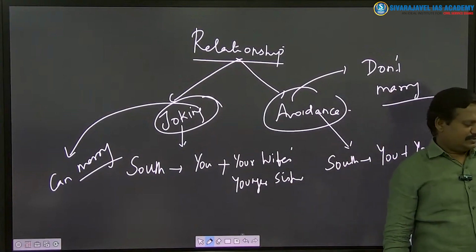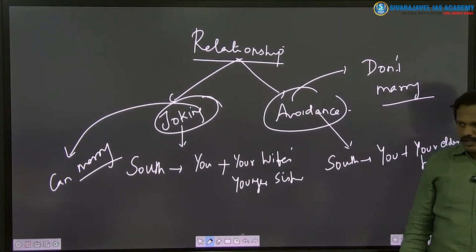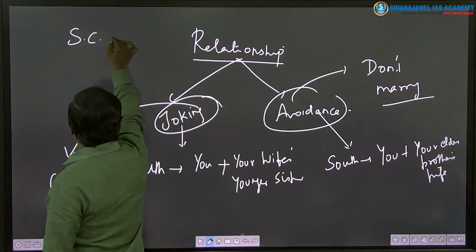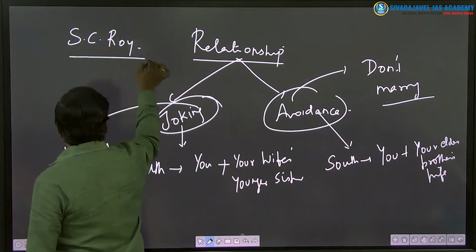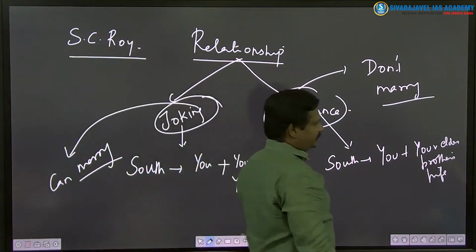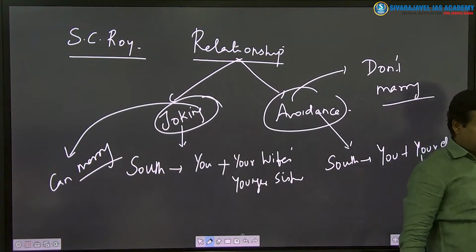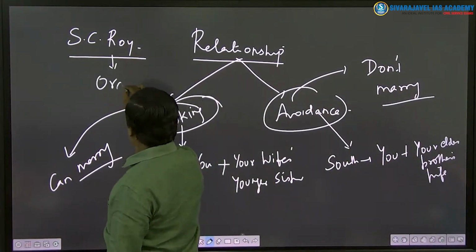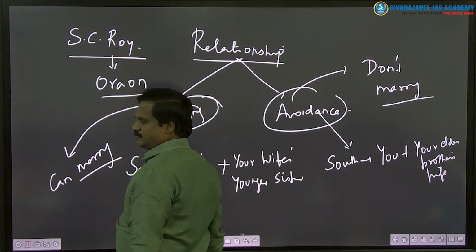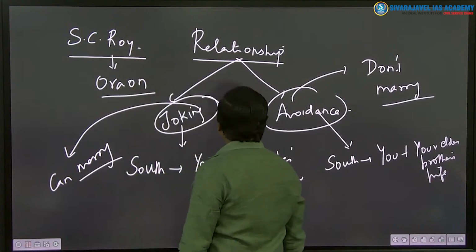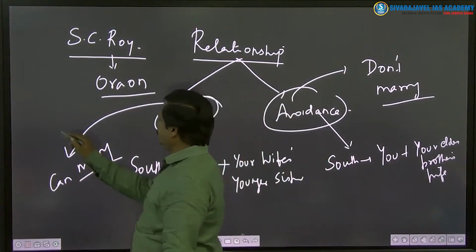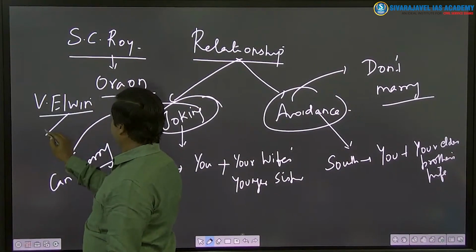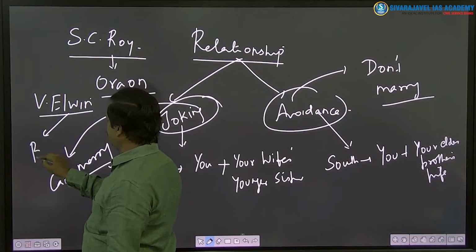Very interestingly, S.C. Roy, an anthropologist, studied a tribal society called Oraon. And Verrier Elwin studied a tribal society called Baiga.